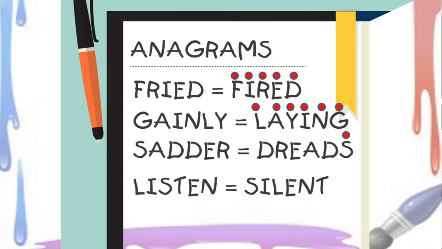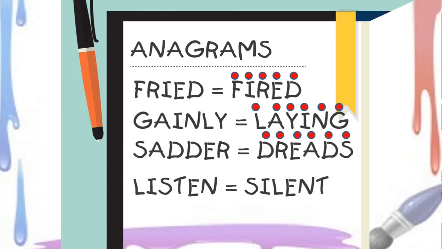Alright, come to the next word, sadder. So we have S, A, D, D-E-R, sadder. Alright, and finally listen and silent.